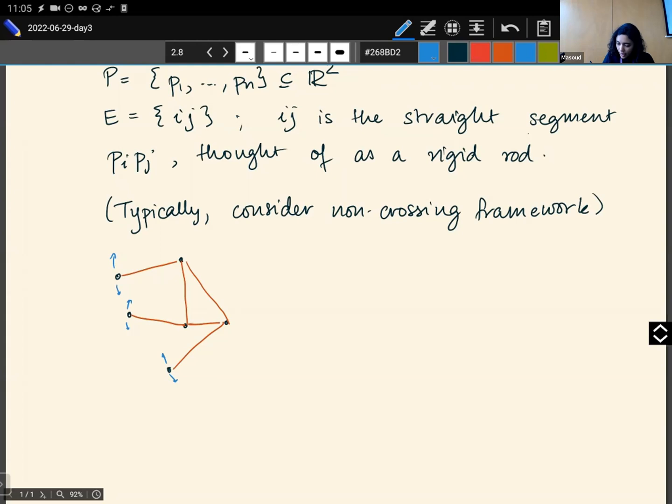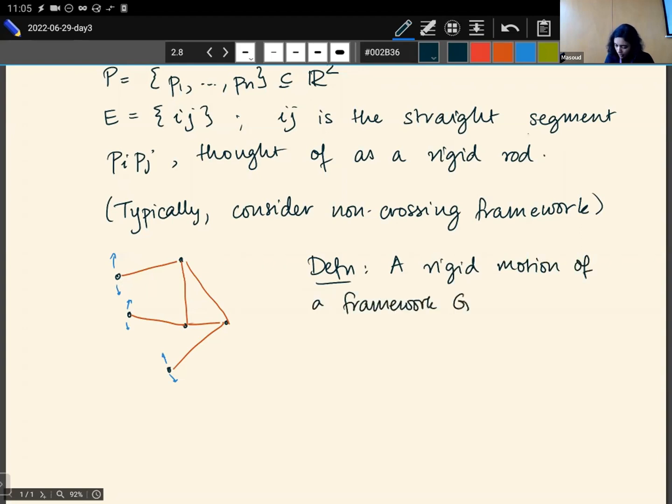So let's define a rigid motion. A rigid motion of a framework G is exactly what you think it is: a continuous function.